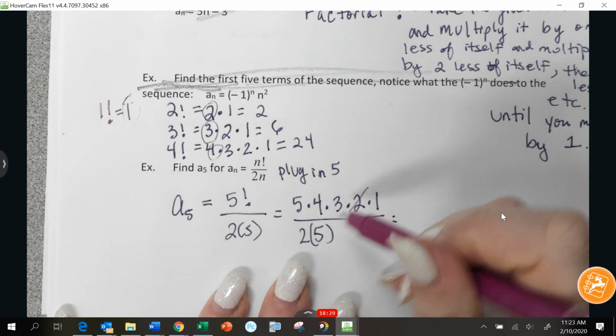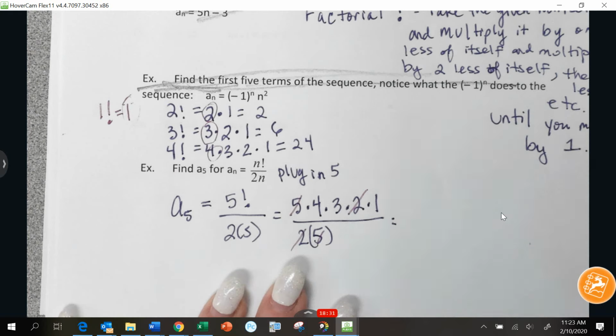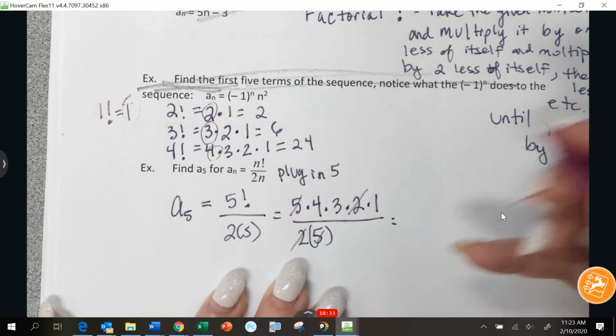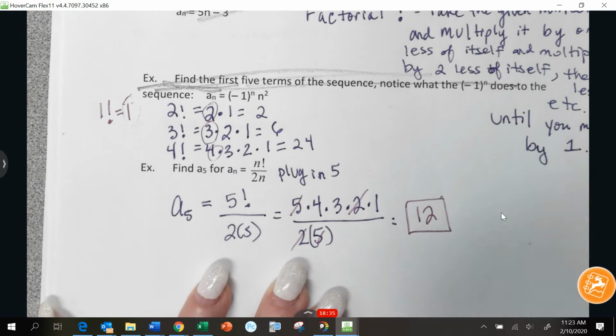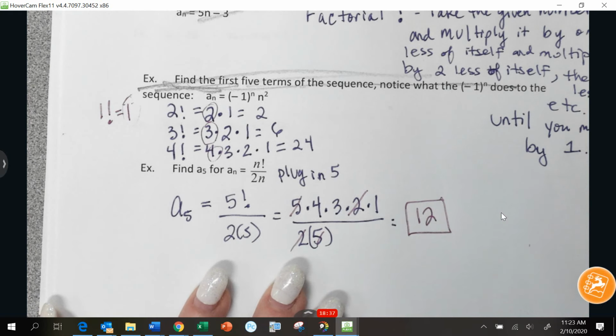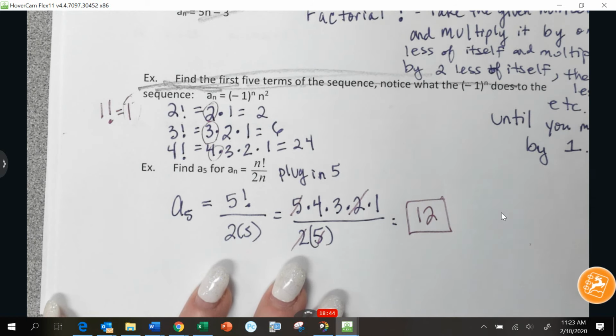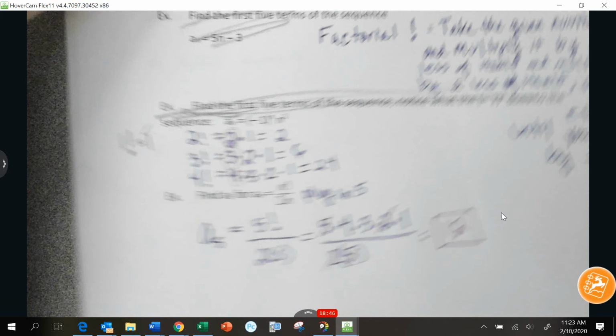Like a 2 and a 5 cancel. So when I actually multiply, I will get 12. Prior to that, we had 120 over 10, I think. Is that what it was, if you multiplied it out? Okay?